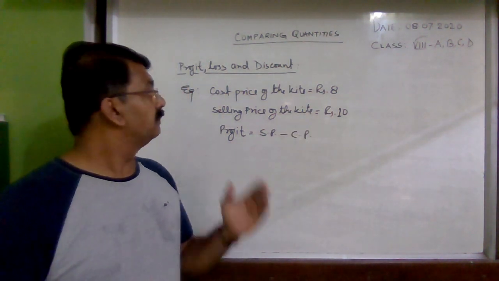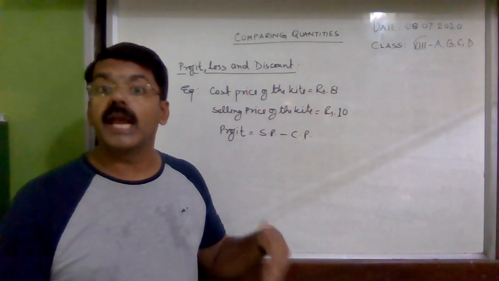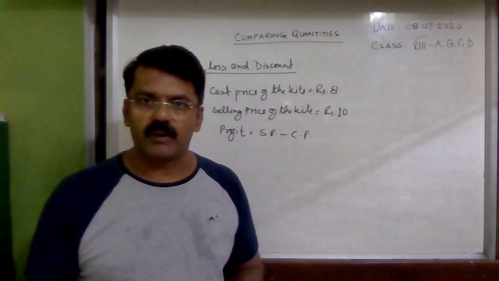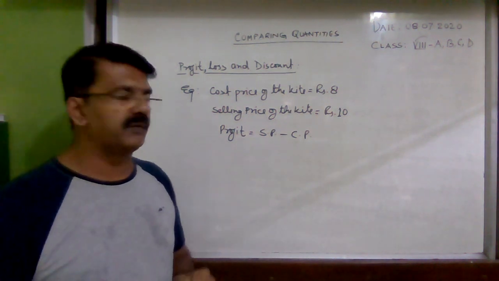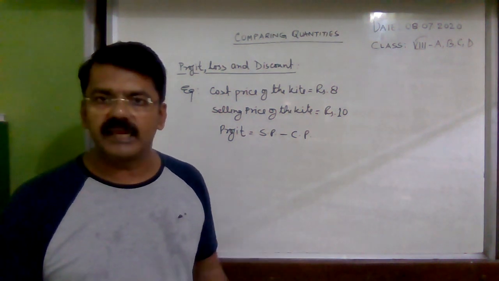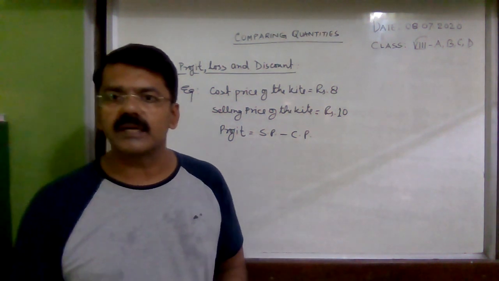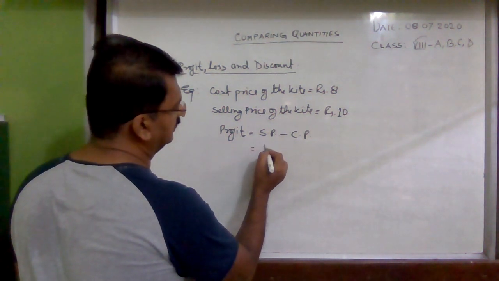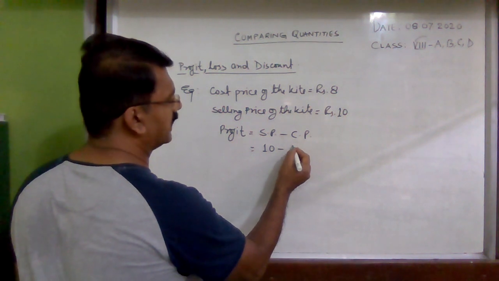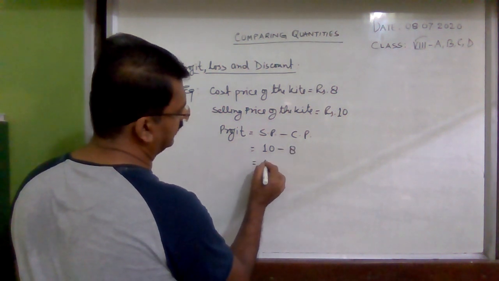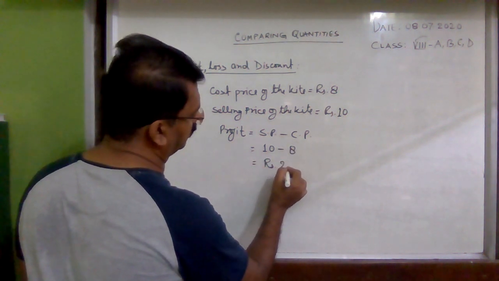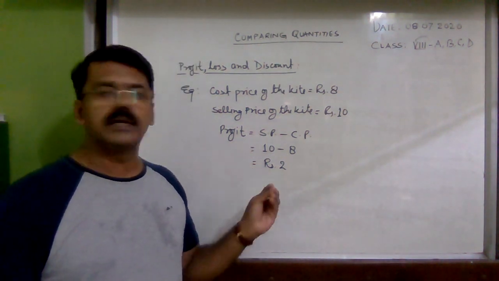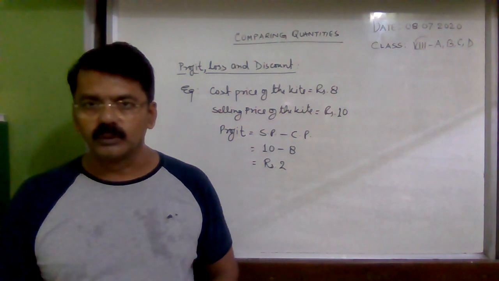So I repeat, whenever the selling price is more than the cost price, then there will be profit, and the formula for profit will be SP minus CP. So here the selling price is 10 and the cost price is 8. So 10 minus 8 is 2. So there is a profit of rupees 2. So by selling that kite, you are going to earn a profit of rupees 2.